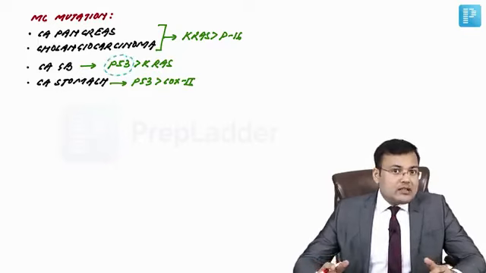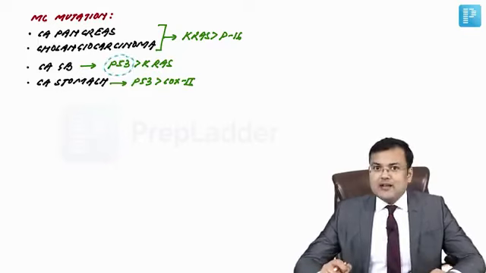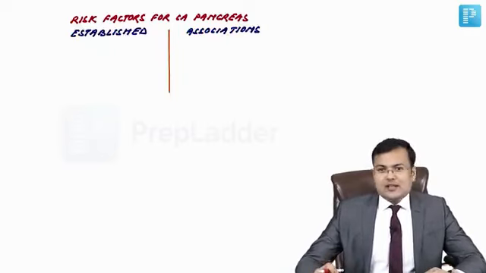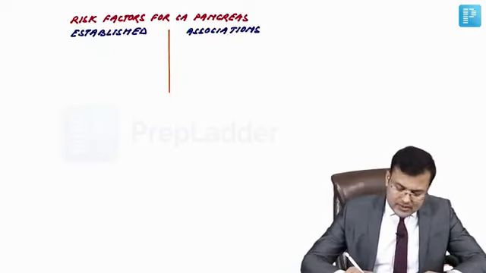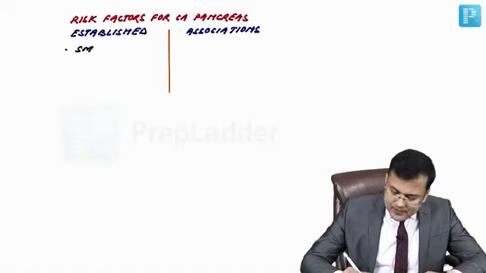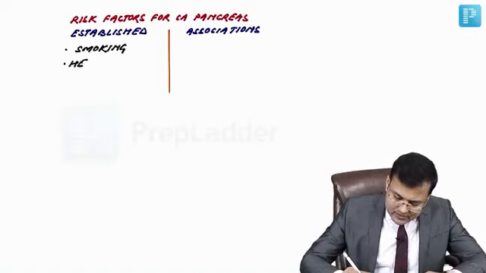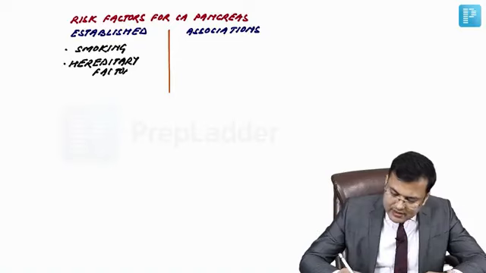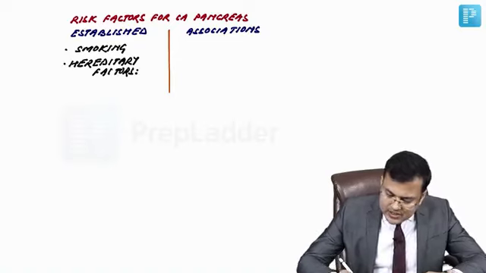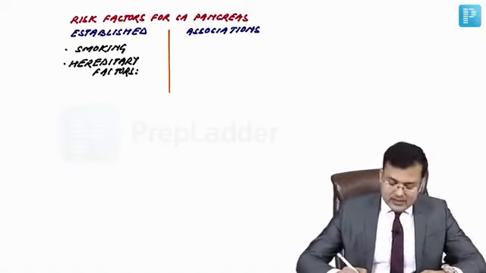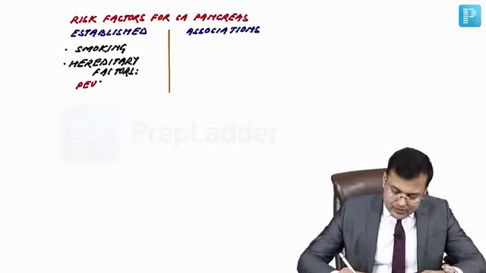Now see, what are the risk factors for carcinoma pancreas? There are established risk factors and there are associations. One of the established risk factors is smoking, and hereditary factors. In hereditary factors, which condition has maximum risk of malignancy? It is Peutz-Jeghers syndrome. This was the latest question asked in exam.